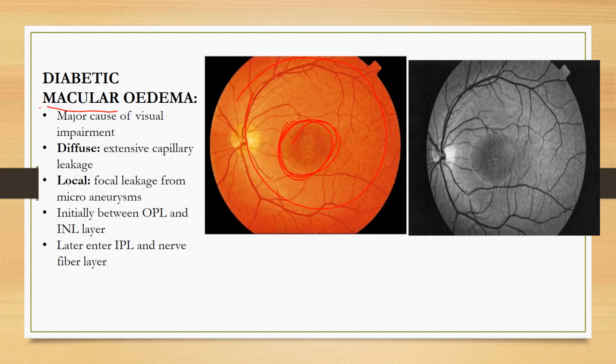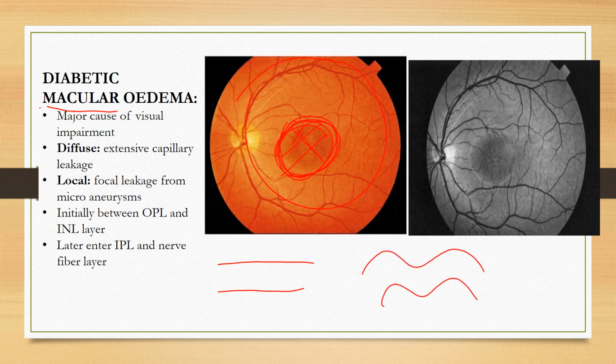Whereas in diabetic macular edema, the macula is the central portion where you have maximum sensitivity. So if there is a swelling in this particular area, the patient will suddenly have visual symptoms. They won't be able to see a straight line as a straight line. There will be a wavy appearance of a straight line.